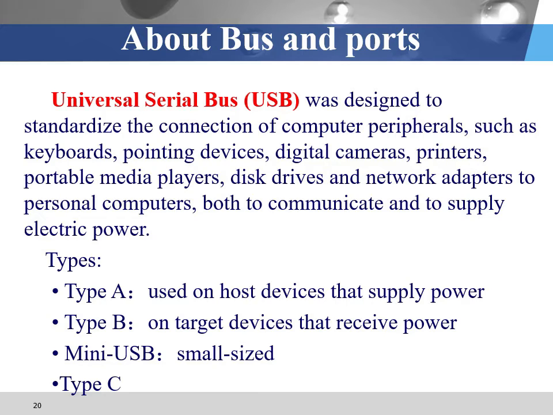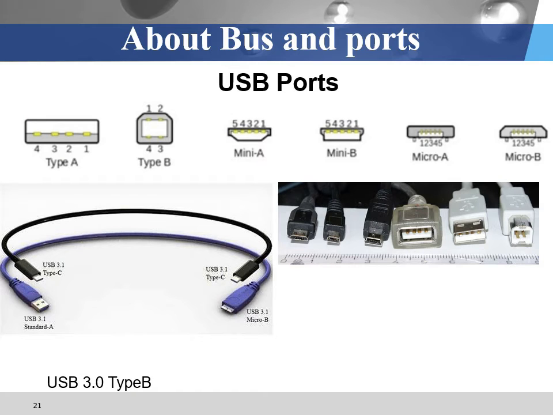There are different types of USB ports, like Type A, Type B, Type C, Mini USB, etc. This slide shows you different types of USB ports. This is Type A, and this is Type B, Mini A, Mini B, Micro A, and Micro B.